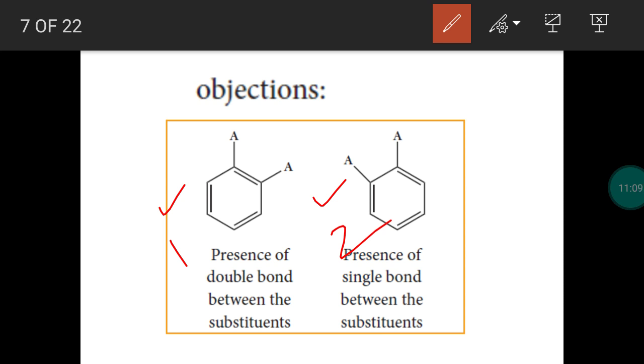And one more objection was, why is benzene not answering all the tests of alkene? It has 3 double bonds. In Kekulé's benzene structure, he made 3 double bonds between the carbon atoms. Why is it not answering the tests of alkene? So these were the two objections.